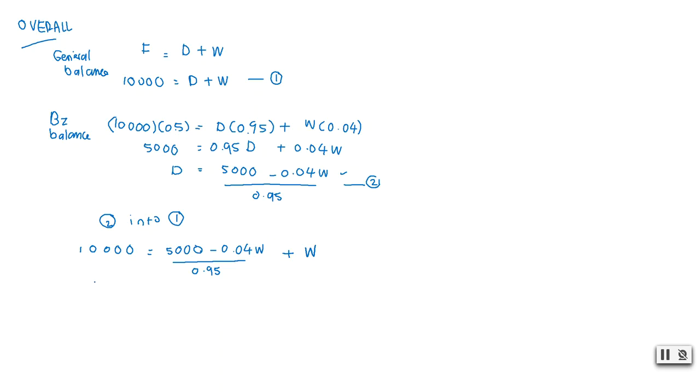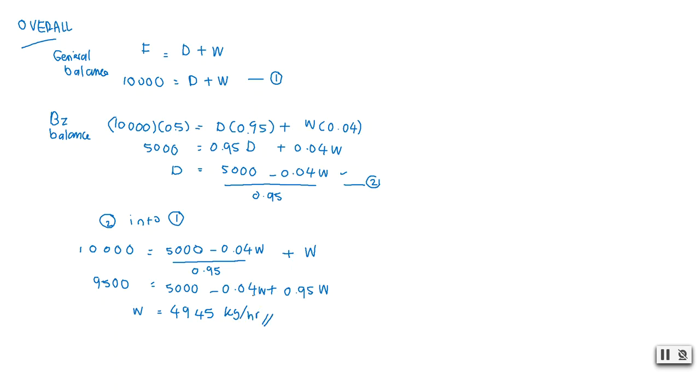So we can do the calculation. This is very easy. At the end, you are going to get W equals 4,945 kg per hour. Again, don't forget about the unit.